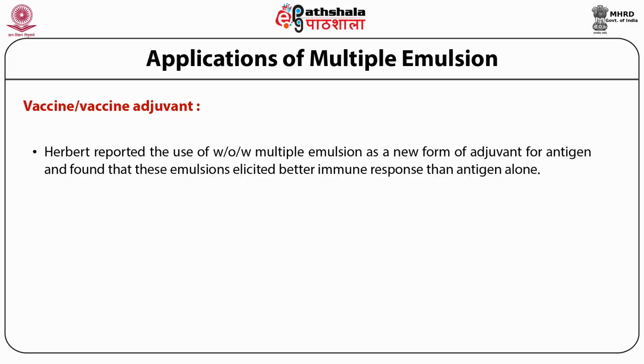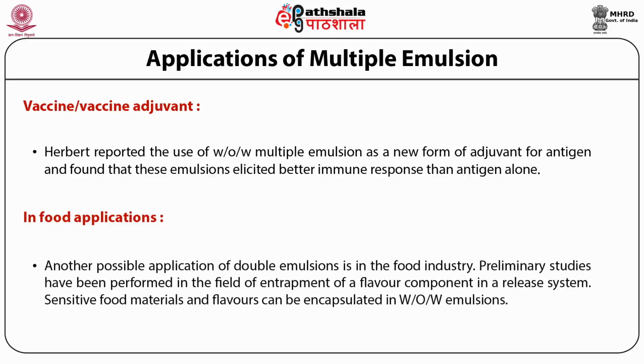Another application of multiple emulsion is in food supplements or food applications. Double emulsion is generally used in the food industry. Preliminary studies have been performed in the field of entrapment of flavor components in a release system. Sensitive food materials and flavoring agents can be encapsulated in a water in oil in water emulsion system.